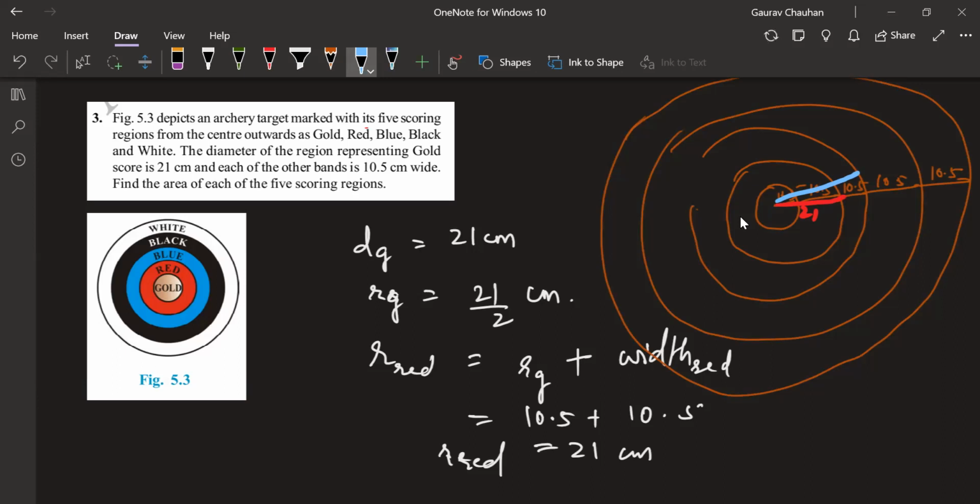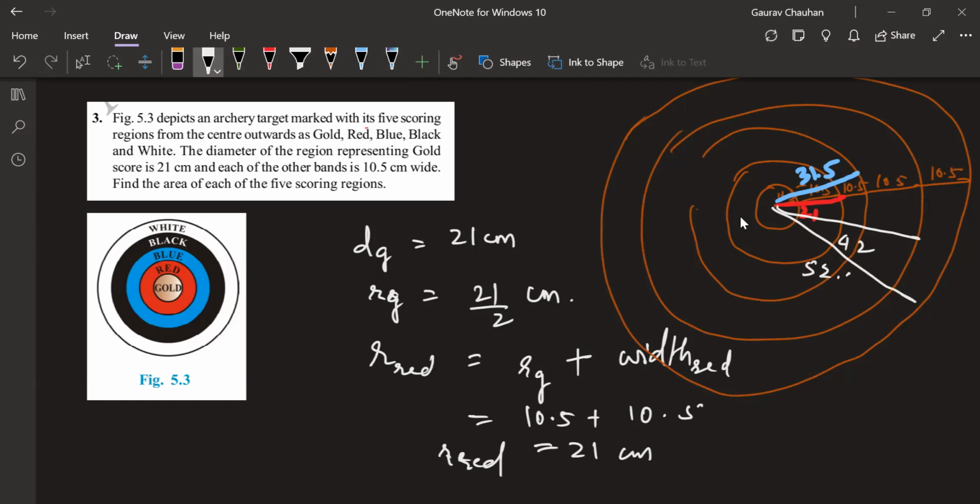We can say 3 into 21 by 2, or you can write 31.5. Next is the black one, 42. And then the last one is the white one, 52.5. This full thing will be 52.5.